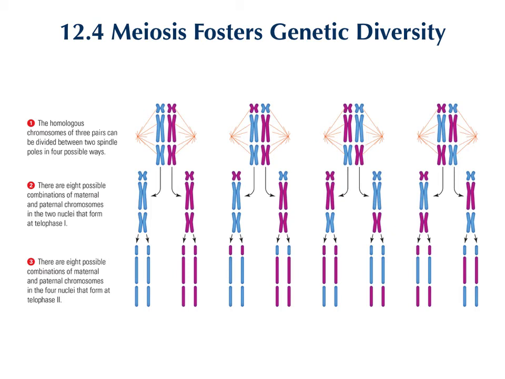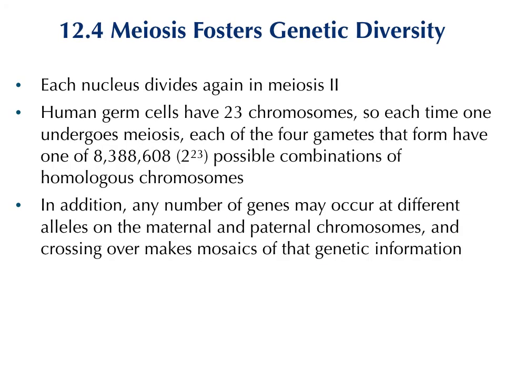And you will see that by the time we're splitting apart the sister chromatids as we get down to telophase 2, we will have 8 possible combinations of maternal and paternal chromosomes that can end up in the 4 different nuclei that are forming at telophase 2. Each nucleus divides again at meiosis 2.